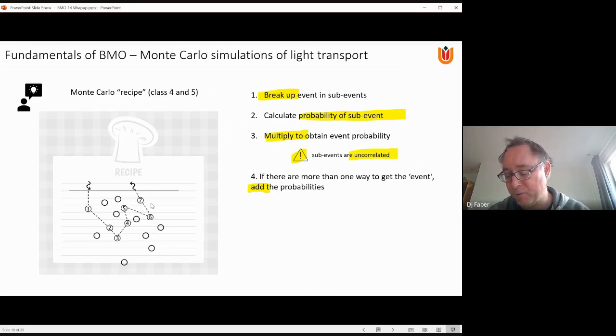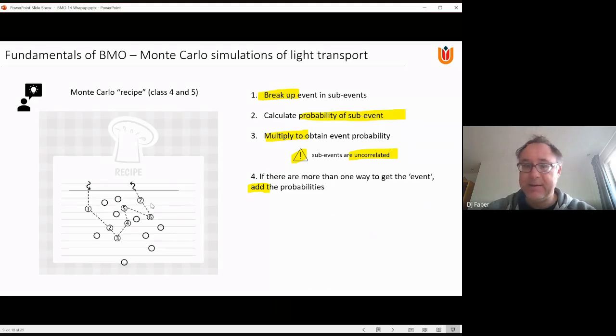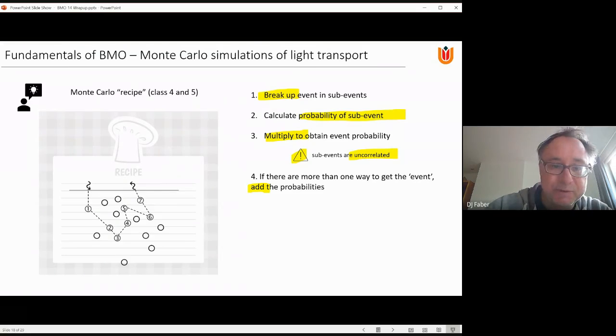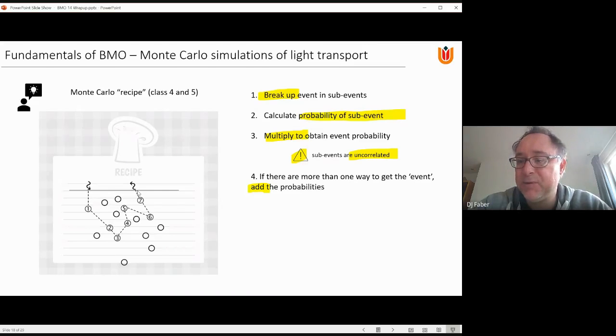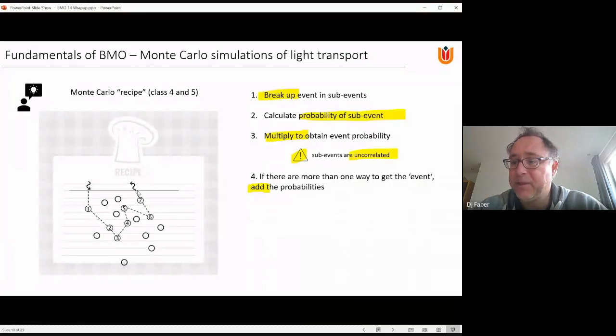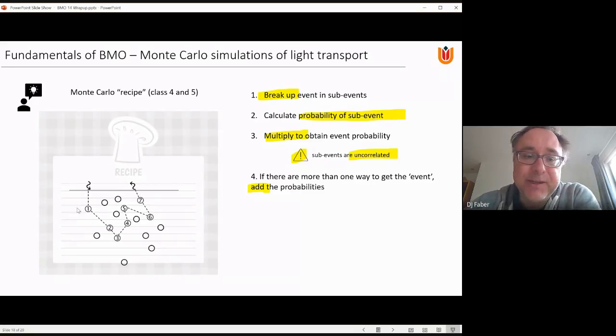So if you want to simulate an effect, let's say the effect is that the light is entering the tissue here and it is escaping there. Let's say you want to calculate the total probability of that happening. The recipe is then as follows.